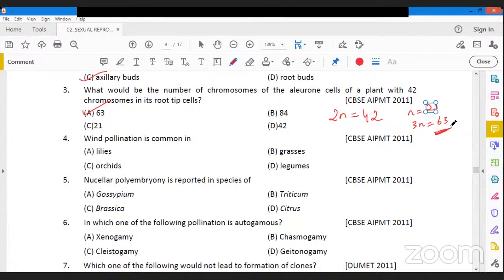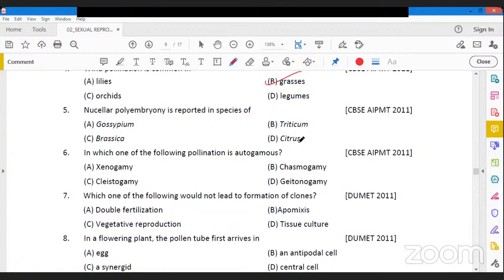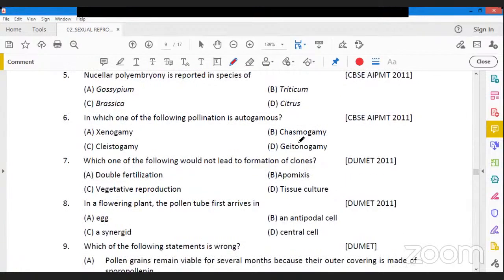Wind pollination is common in grasses. Then nuclear polyembryony is reported in species of citrus.